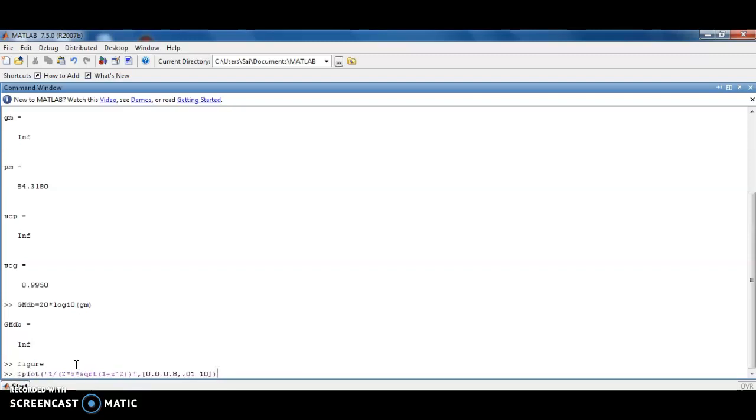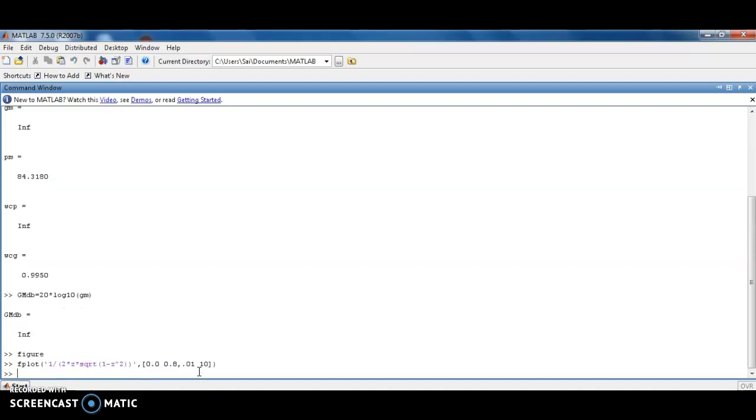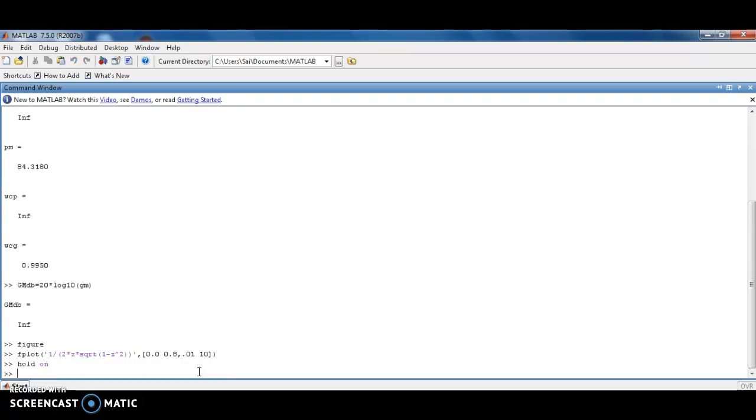F plot, this is the formula: 1 by 2 zeta square root of 1 minus zeta squared. So this is a matrix. Then hold on. F plot.